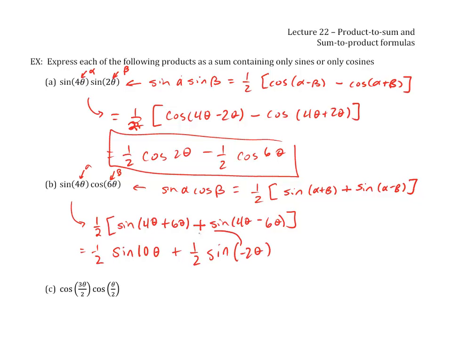And remember, with sines, you can pull the minus sign out front. So this would be 1/2 sine of 10 theta minus 1/2 of sine of 2 theta.